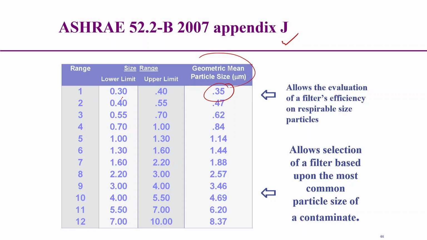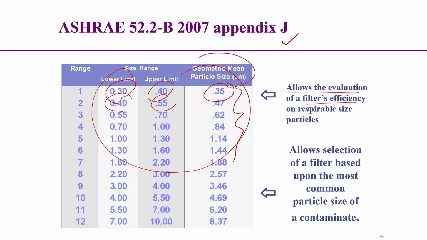So, 0.3 to 0.4 or maybe 0.4 to 0.55, these are the different ranges available, and in the finer range, it allows the evaluation of filter efficiency on respirable size particles.